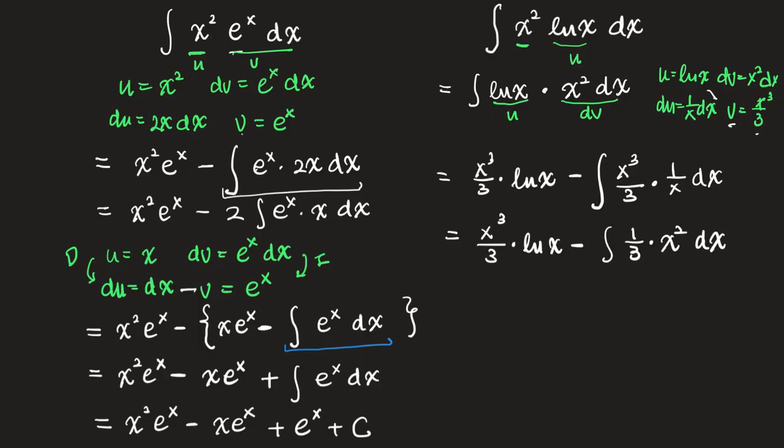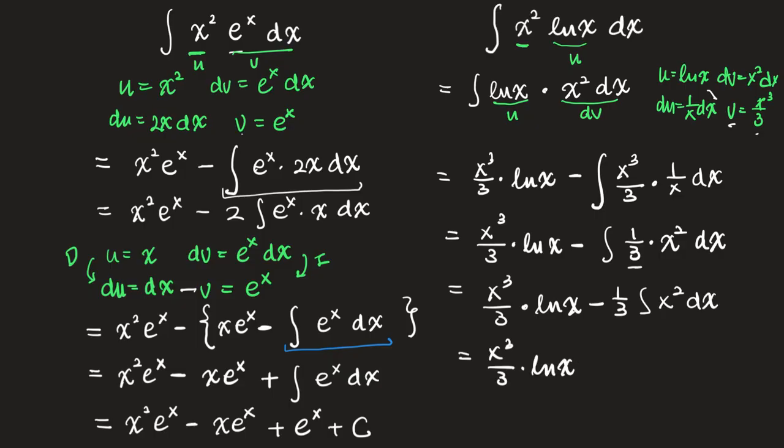So this one is x cubed over 3 ln x minus 1 over 3 integral x squared dx, and that's minus x cubed over 3 times 3, 9, right? That's how we get 1 over 9 x cubed plus c.